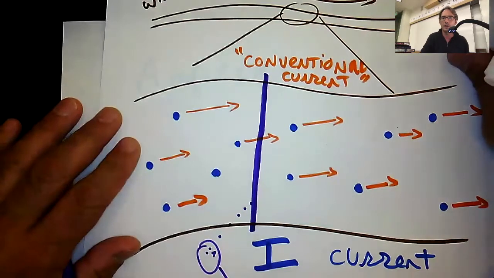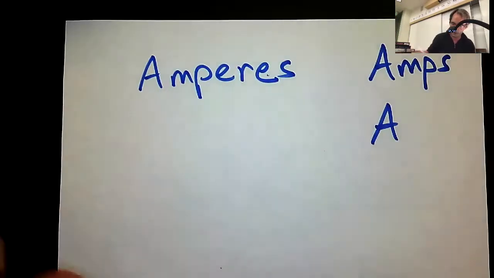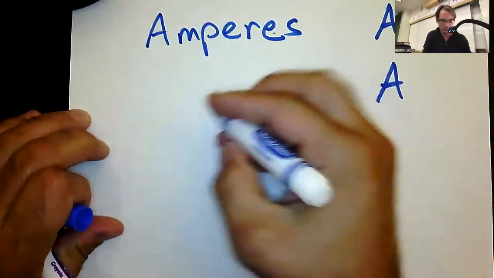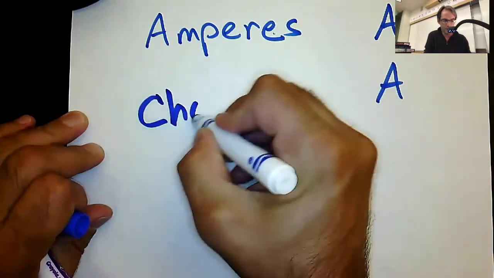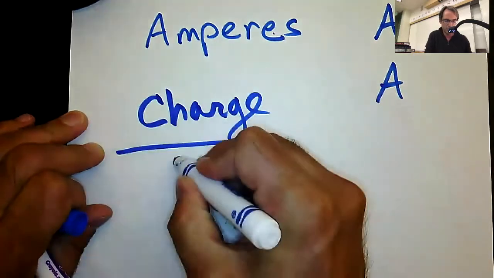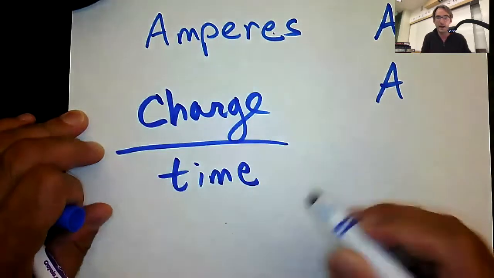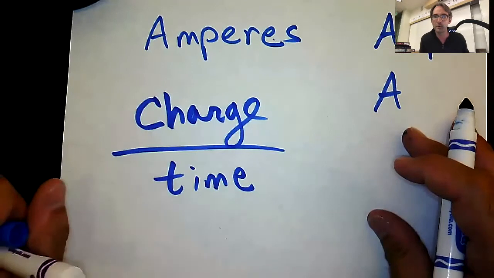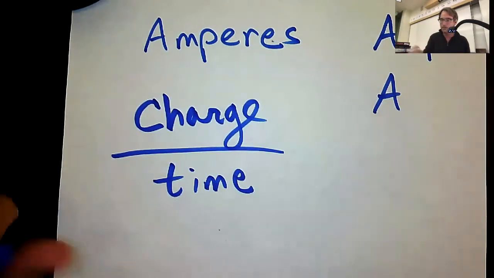That's really what current is, okay? So current, in the most basic sense, is the flow of charge per unit time past some arbitrary reference point in a wire, okay?